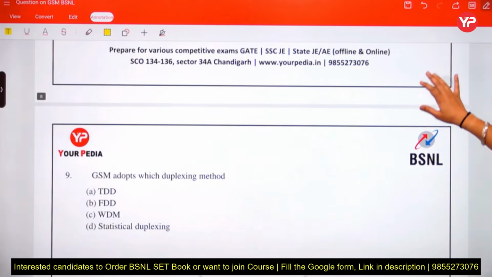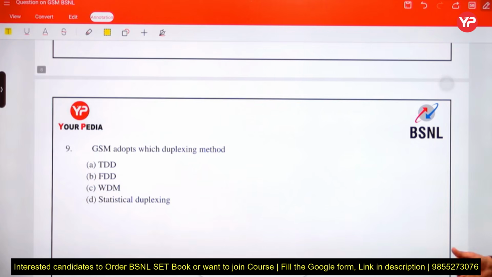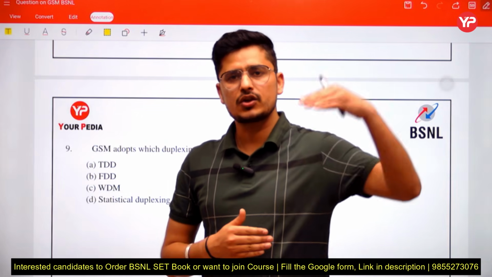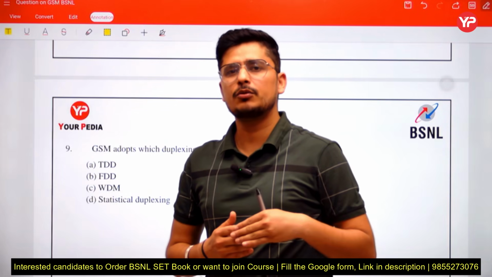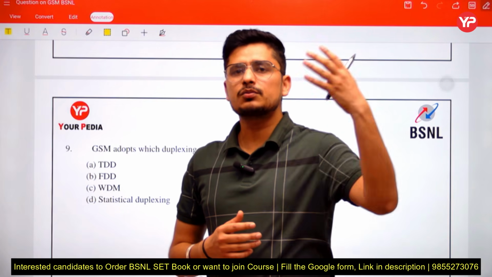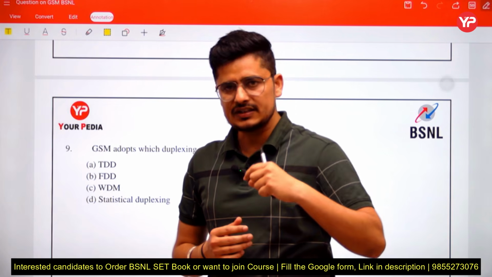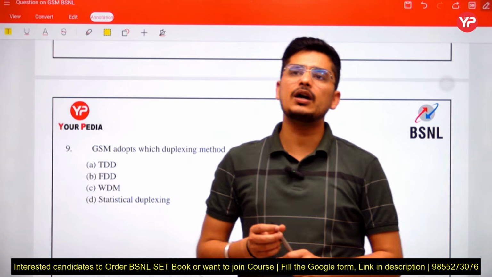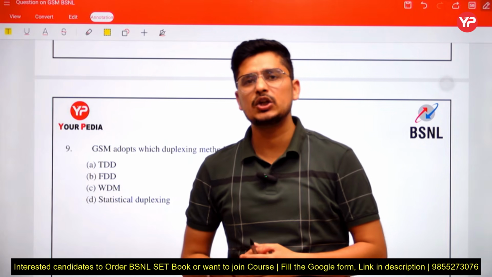This is also a very good question. GSM adopts which duplexing? Duplexing is different from multiplexing, right? Duplexing means we are transmitting a signal from the mobile station to the base station, then from the base station to the mobile station. So there are two types. One is frequency duplexing. We have a separate frequency for uplink and a separate frequency for downlink. That is called frequency duplexing.